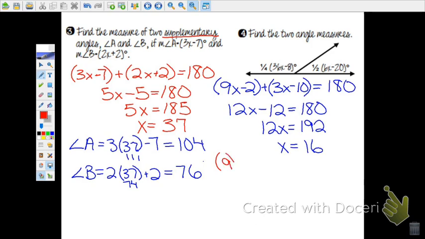So I have 9 times 16 minus 2. 9 times 16 is 144, and 144 minus 2 is 142. 3 times 16 minus 10. 3 times 16 is 48, minus 10 is 38. And again, if I add those two together, they equal 180 degrees.